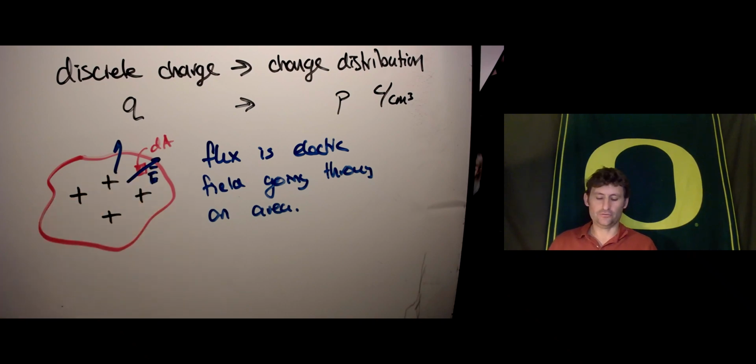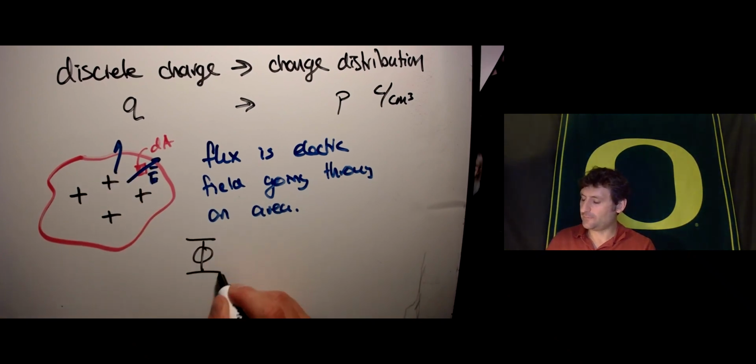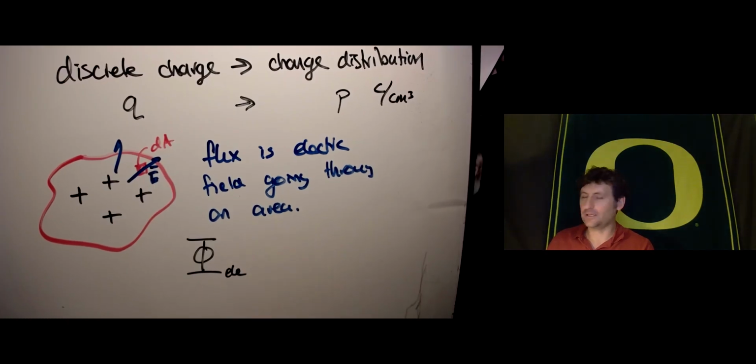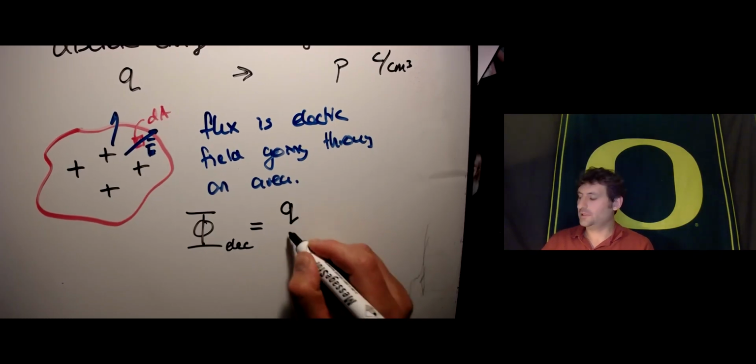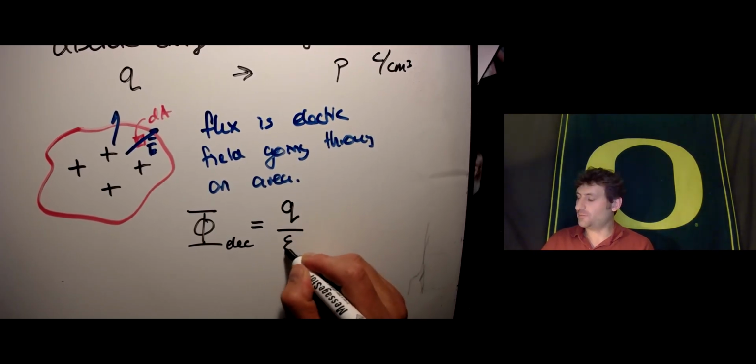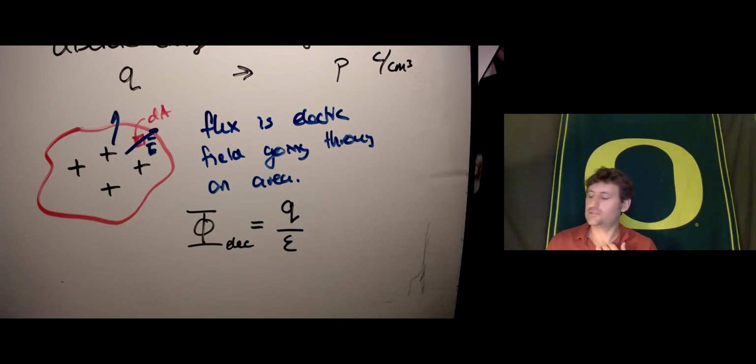And what's interesting is, if you think about it, if I have a given charge Q, the flux, and we'll call that capital phi here, the flux of the electric field lines is given by Q divided by the permittivity of the medium, epsilon, okay? So this could be epsilon naught if it's a vacuum.